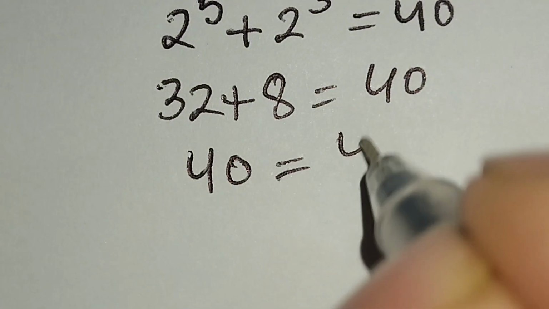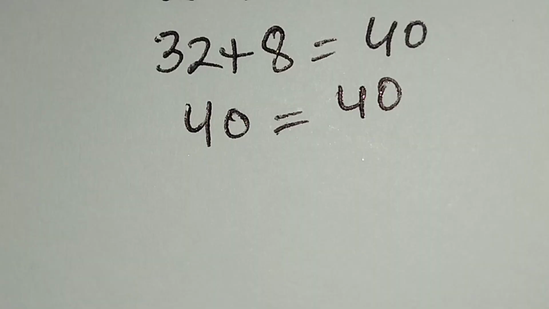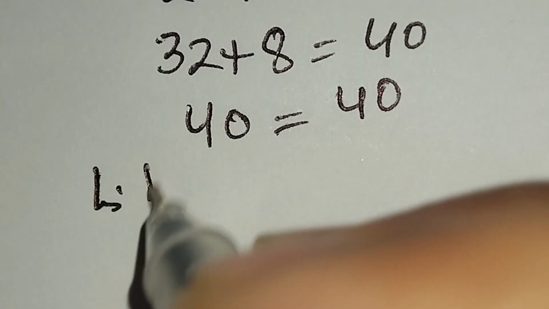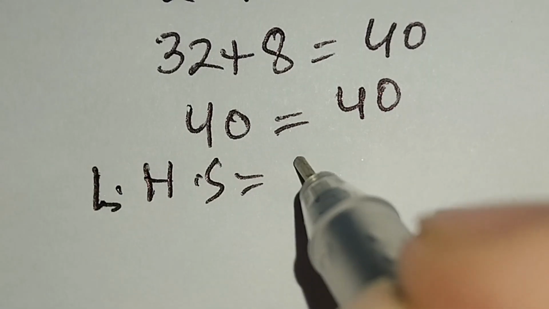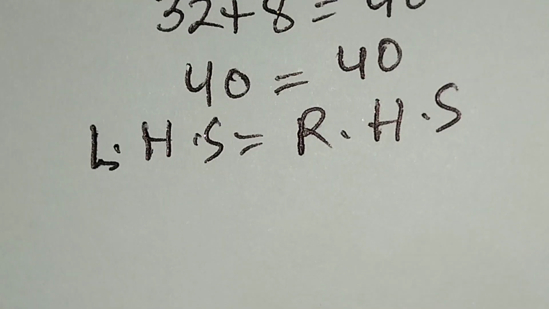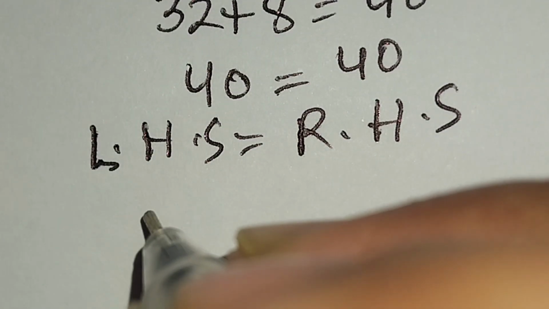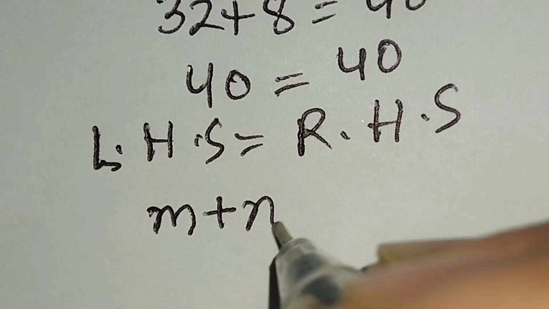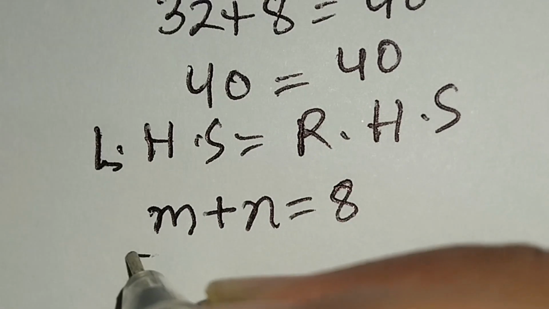Here the right side is 40. Here the left-hand side equals the right-hand side. Therefore our result, m plus n equals 8, is correct.